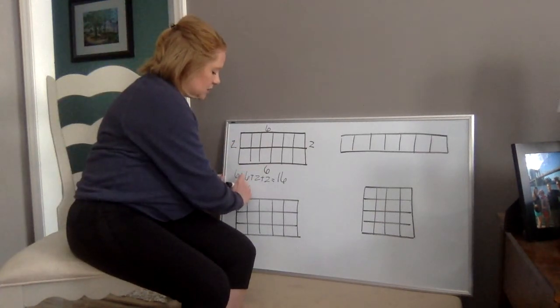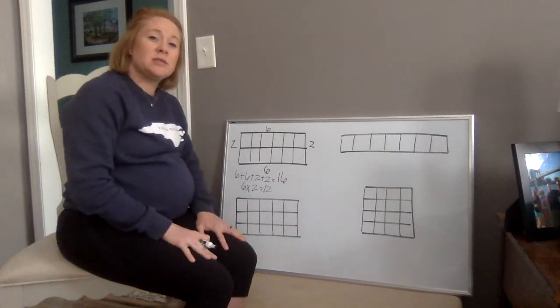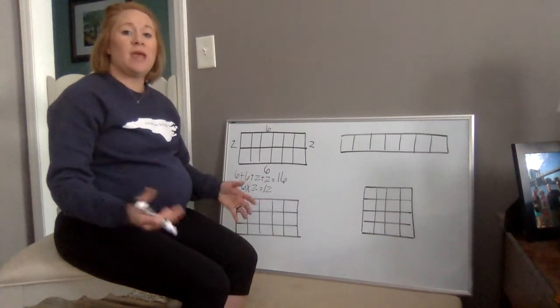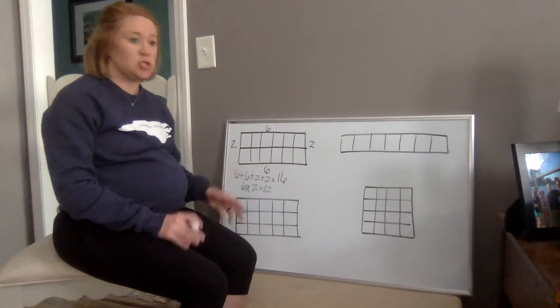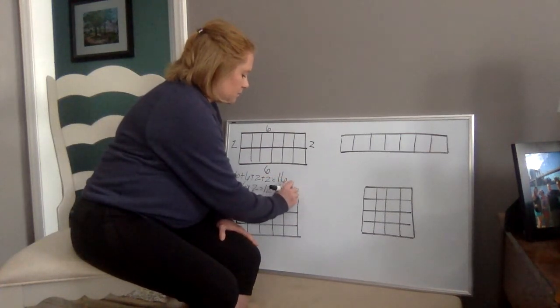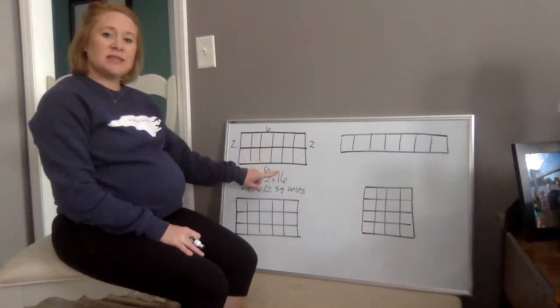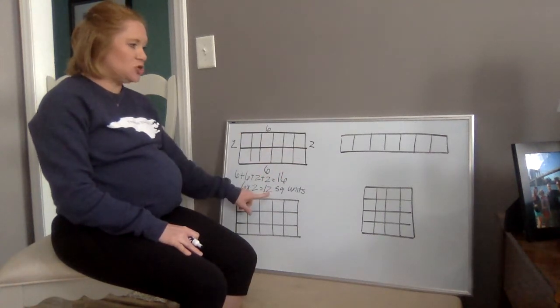So 6 times 2 is 12, and then remember we always say square units or square inches or square feet. Because they didn't give us inches, feet, or yards here, we can just say units squared or square units. Okay, so we know the perimeter of this is 16. The area, how much space is taken up inside, is 12.